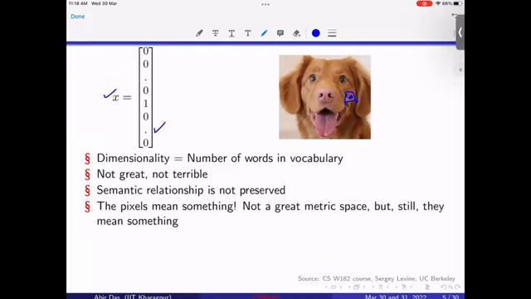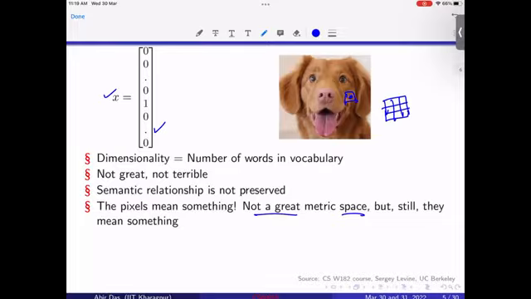With simple pixels and coordinates, we have seen that convolutional networks greatly exploit these local structures, because you are using small filters and convolving to get meaning out of it. So in isolation, the pixels are not great. It's not a great metric space.